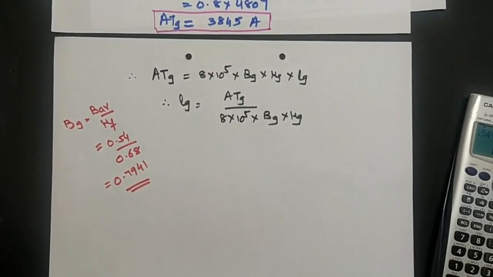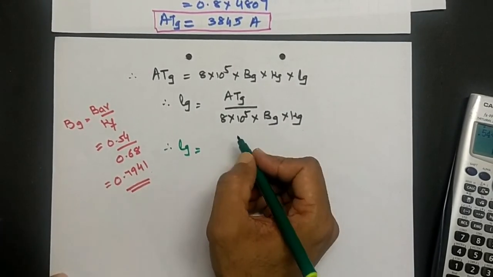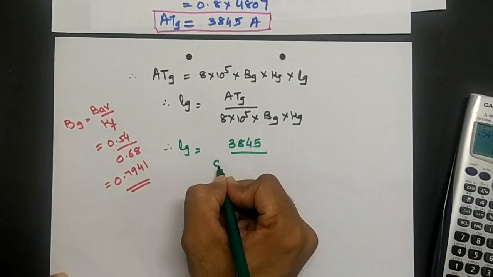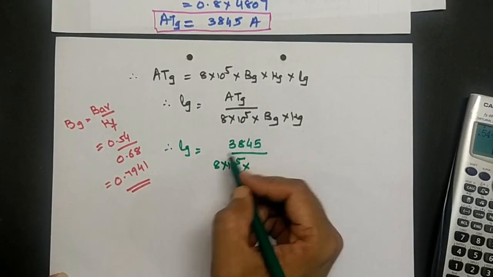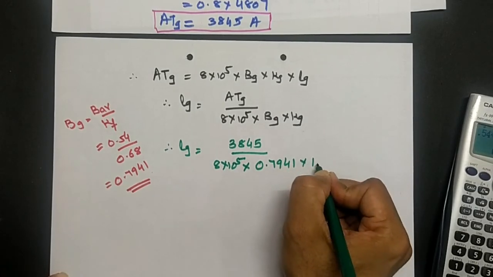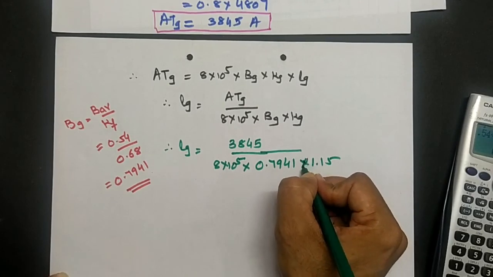Now we only need to substitute the values. Lg is equal to 3845 divided by 8 multiplied by 10 raised to 5 multiplied by 0.7941 and multiplied by 1.15, that is our gap contraction factor.